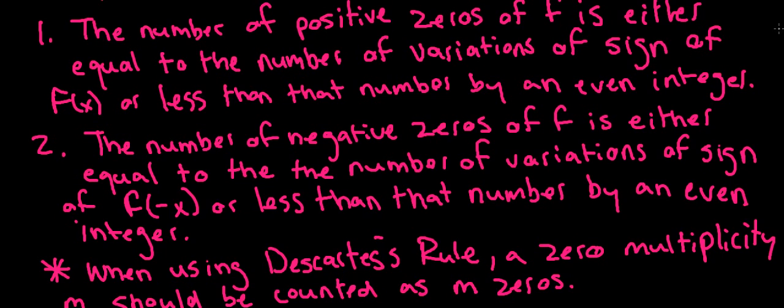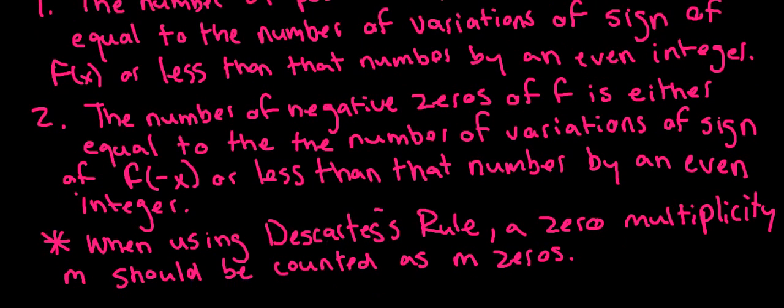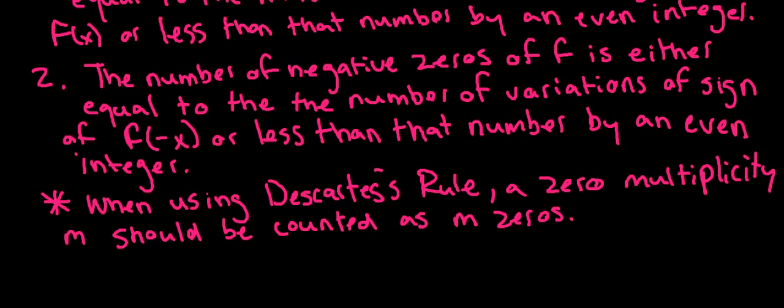The number of negative zeros of f is either equal to the number of variations of sign of f of minus x, or less than that by an even integer. And then there is a note that says, when using Descartes' rule, a zero of multiplicity m should be counted as m zeros.